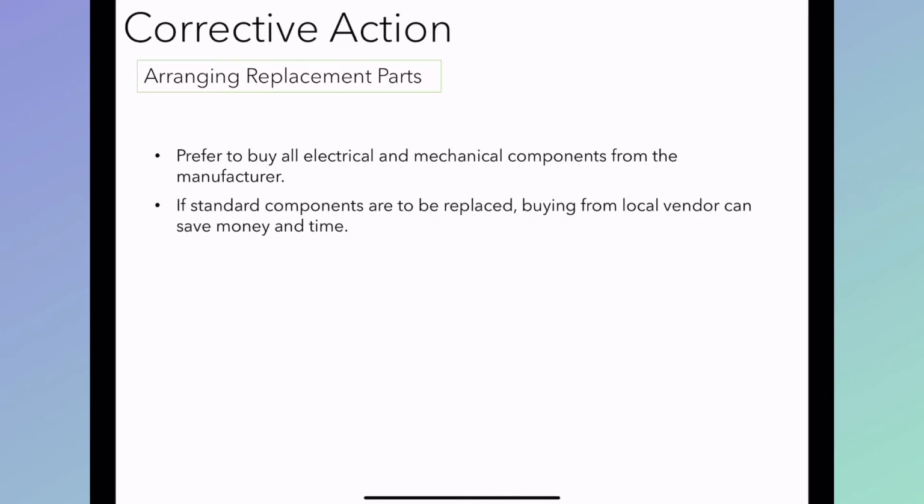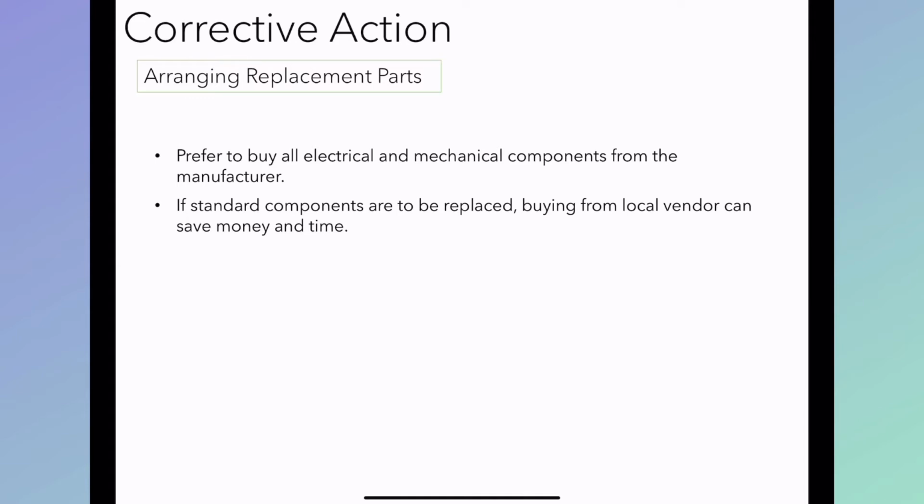from our local vendors, we should proceed with buying it from the local vendor, because it will save money and time. Since it is a standard component, all the mechanical and electrical specifications will be identical.